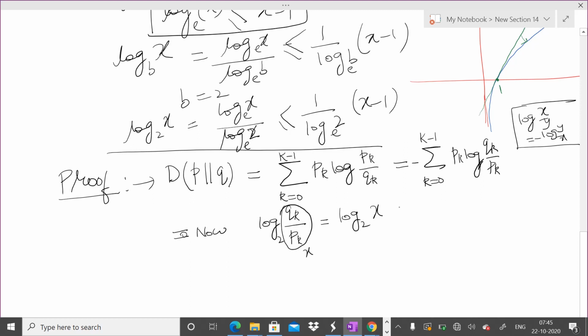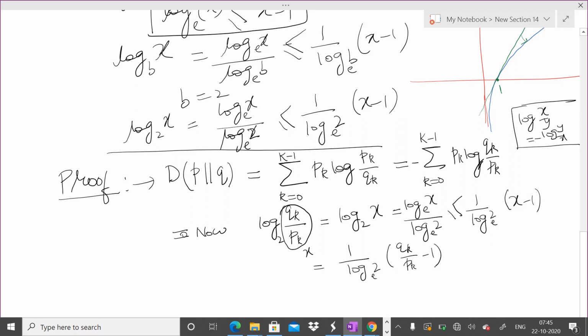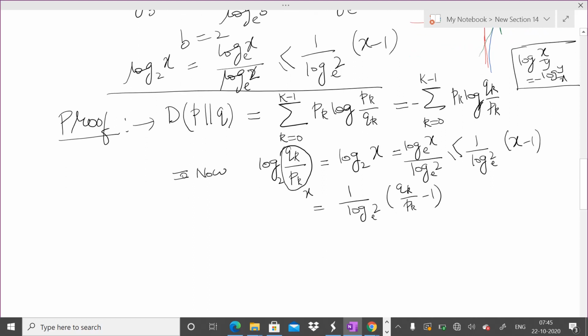Then you know that it is equal to log of x to the base e over log of 2 to the base e, and this is less than or equal to 1 over log 2 times x minus 1, which is 1 over log 2 times qk over pk minus 1, right.